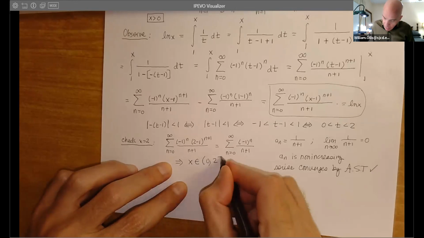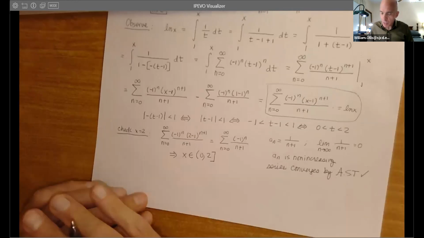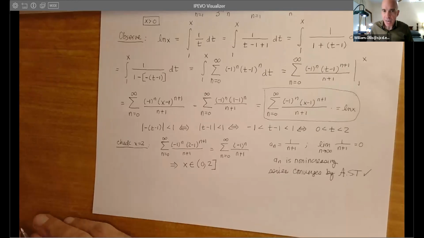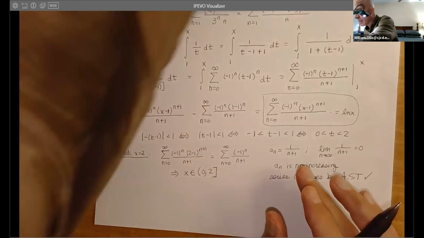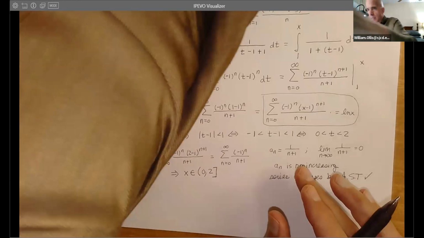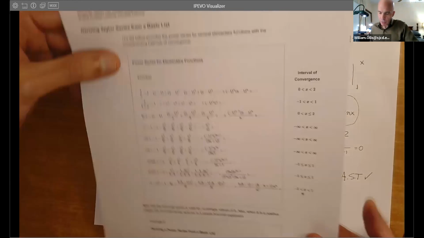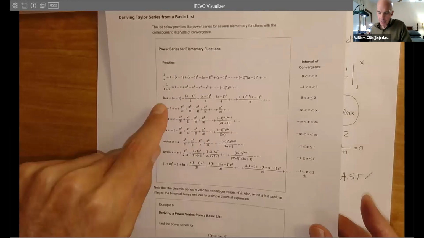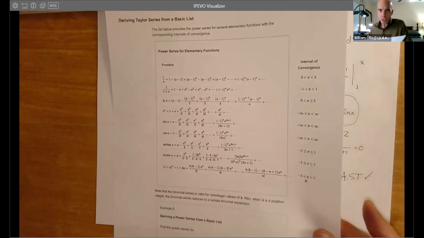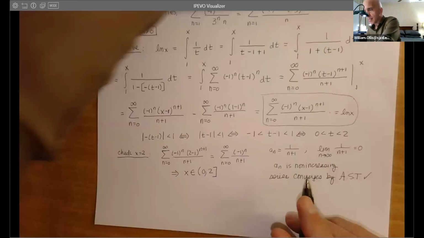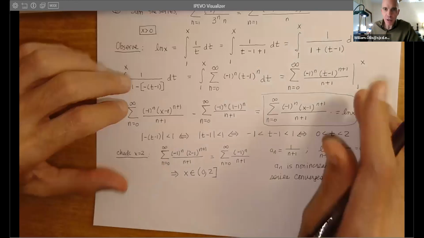So when we do this calculus, we can sometimes include the actual endpoints. And this is actually one of the series, the ln of x, right here on your chart. Boom, right there. So this is on your chart too. Of course, you get the sine and the cosine and the e to the x, but those are our friends.